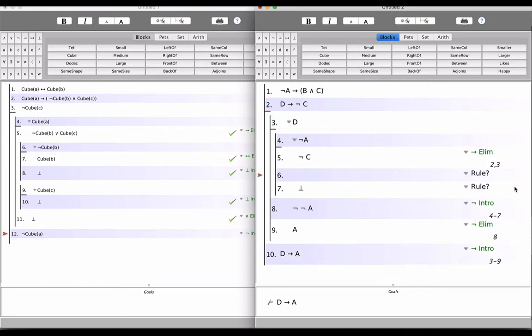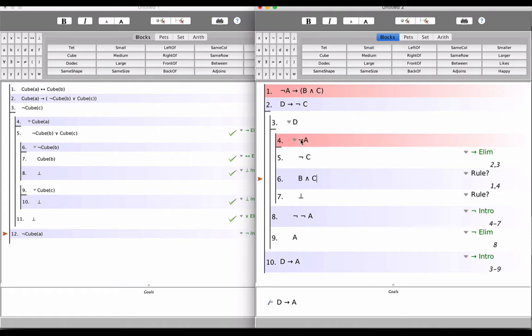Going to make another inferential step to the sentence B conjunction C. That is inferred from lines 1 and 4. The justificatory rule is the elimination of the conditional at line 1 by the affirmation of the antecedent at line 4.